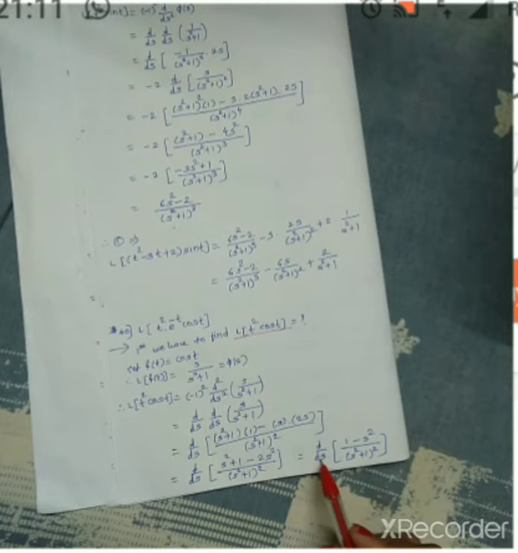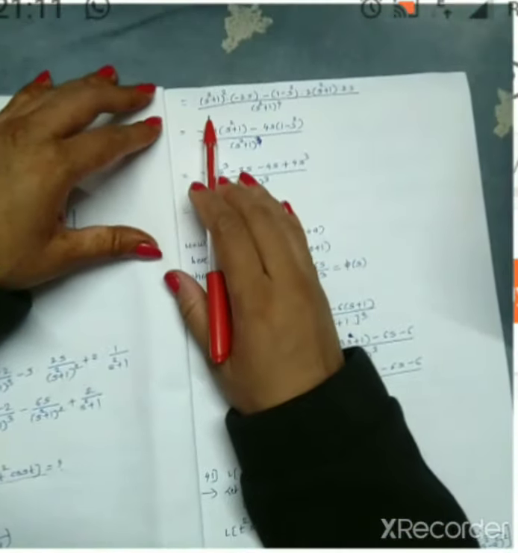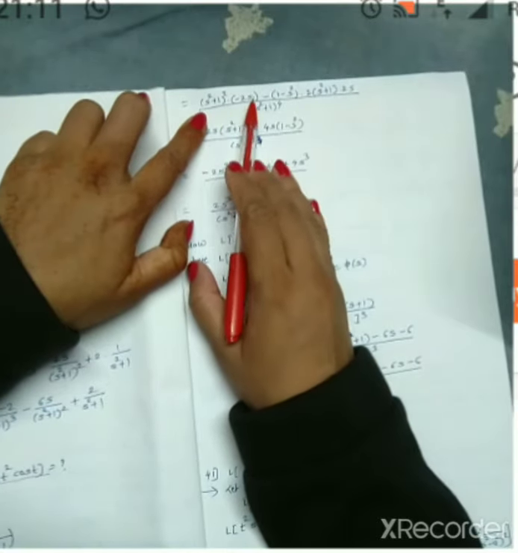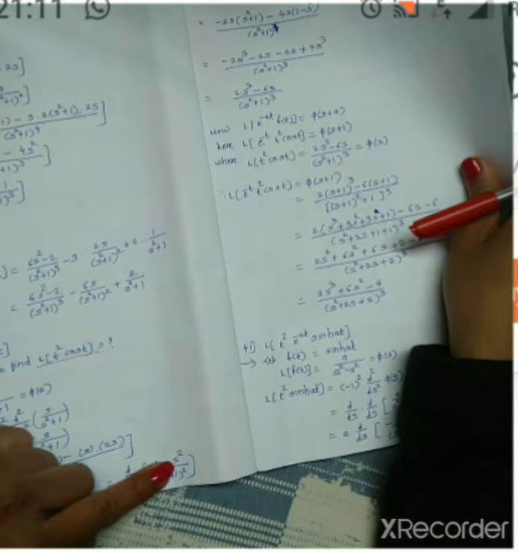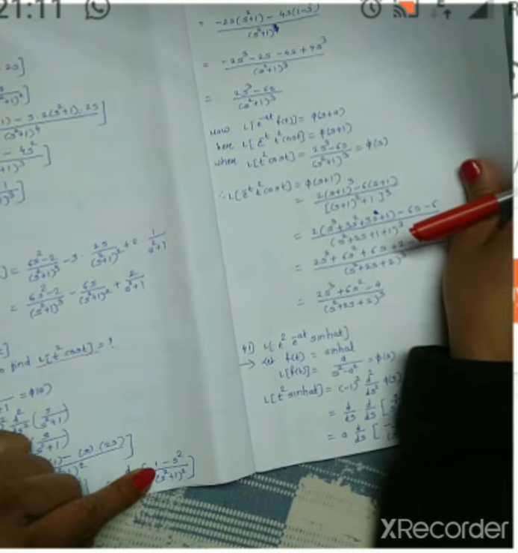Now this is again a second derivative. We have to find it by using the u by v rule again. What is the u by v rule? v into derivative of the numerator. What is the numerator? 1 minus s square. Derivative of 1 is 0, minus as it is, s square derivative is 2s.